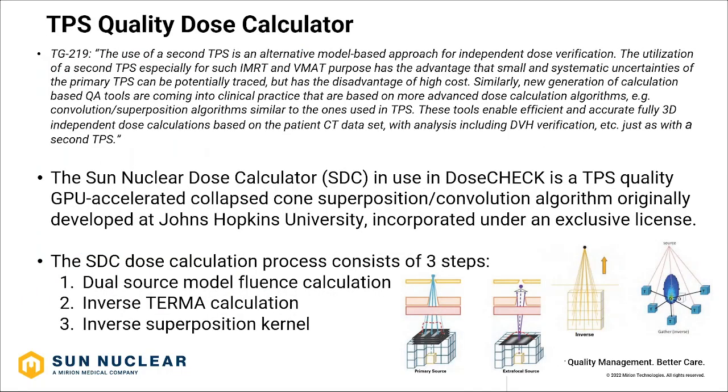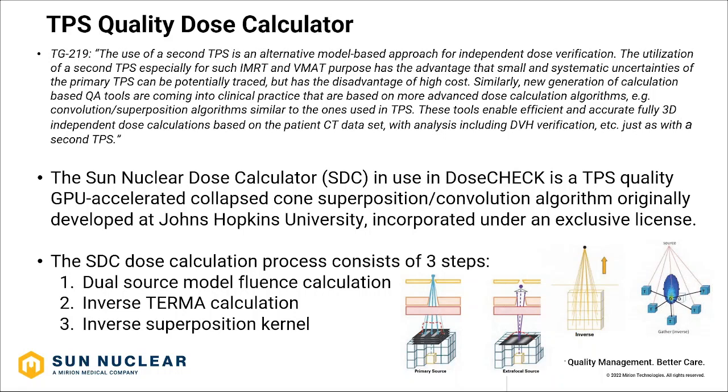So the TG219 report states that an alternative method for performing secondary dose verification is to recalculate your plan in another TPS system separate from your clinical TPS. So we all know how much TPSs cost, so this is a rather expensive way of going about performing verification of your patient plan.